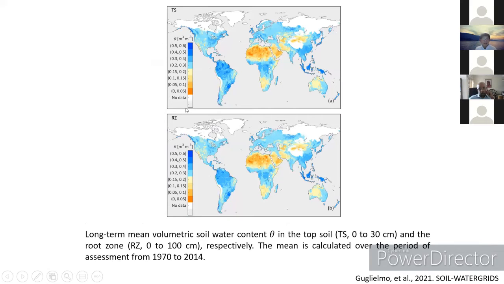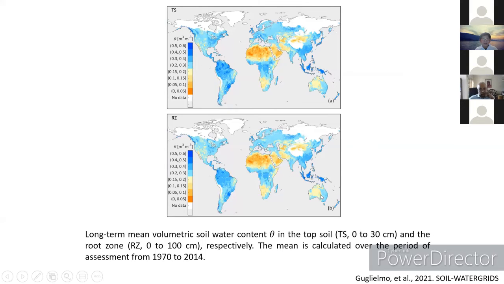So this is running the model for 0 to 30 centimeters and also 0 to 100 centimeters, for the period 1970 to 2014, long-term average. So this gives us an indication of the average water content throughout the world under long-term simulation of the topsoil.